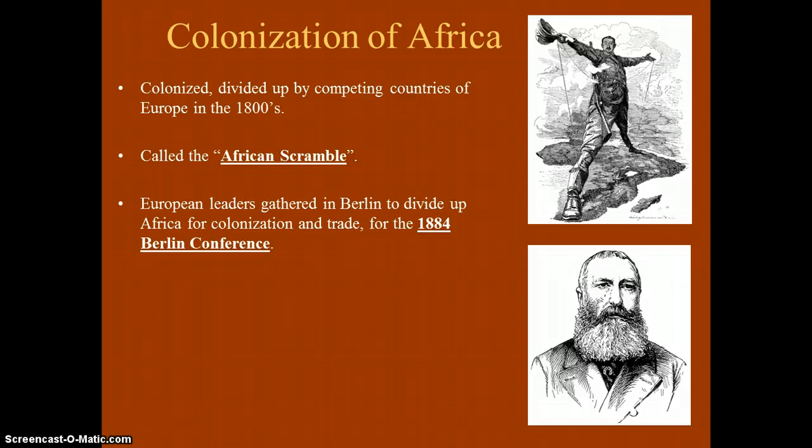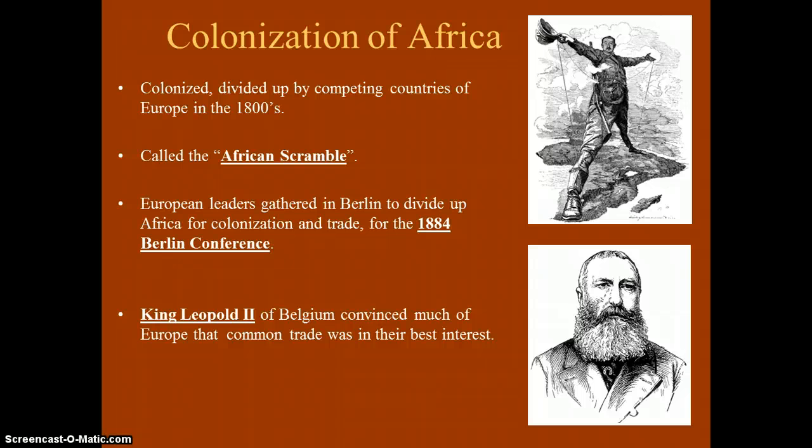European countries at this conference really just divided it up, saying, I want this, you get that, and that's how Africa got divided up. King Leopold II of Belgium convinced most of Europe that common trade was in their best interest. King Leopold took over the Congo area, and again, they were just going in for resources. They wanted the resources of Africa.